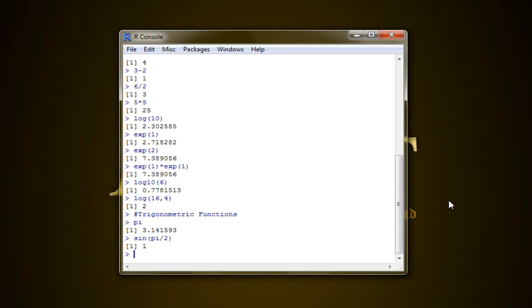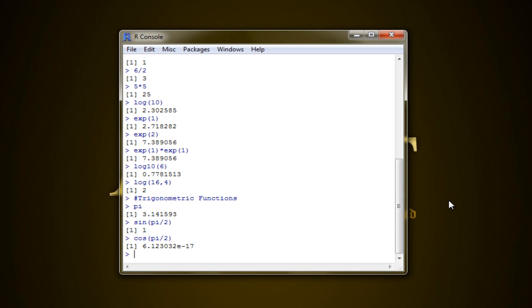Sine of pi over 2 is 1, and cosine of pi over 2 is 0. There are actually many trigonometric functions too, but I'm not going to show you all of that. I'm just going to give you, like I've said, a list of mathematical functions which you can try.